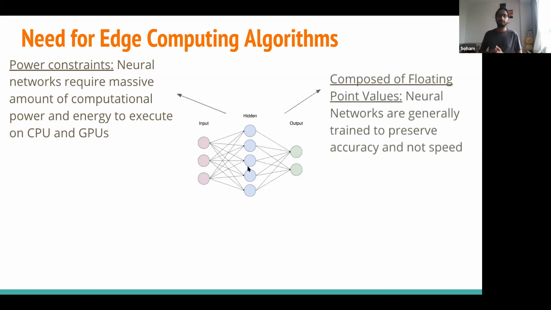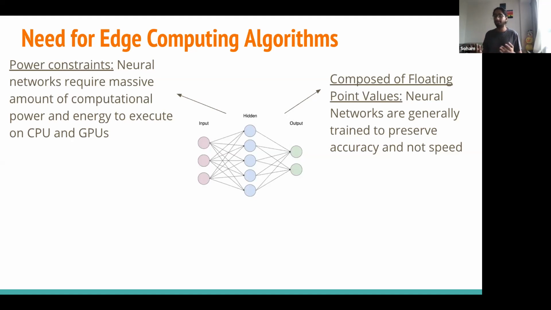Another important factor for the need for edge computing algorithms is that neural networks are usually trained with single precision floating point values, or FP32 values. They're the same thing. We train them with single precision floating point because it helps us increase our accuracy.